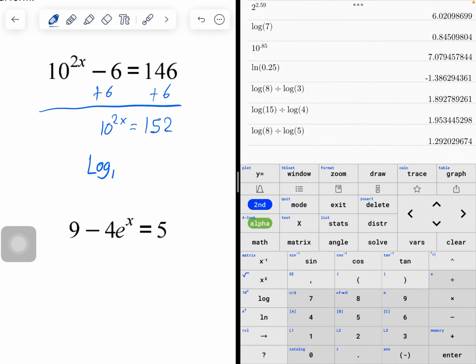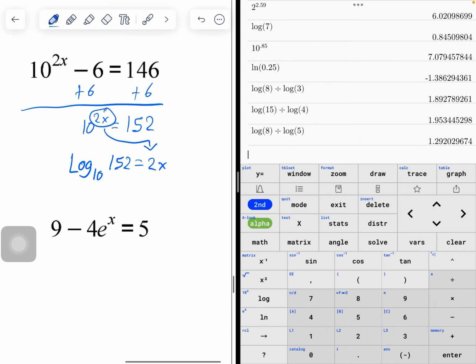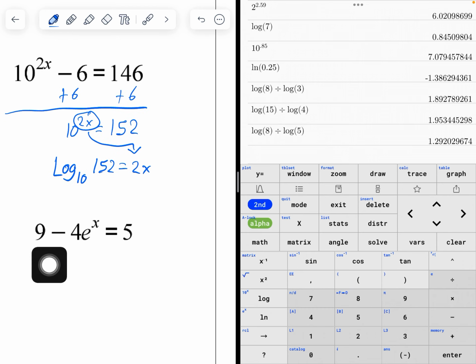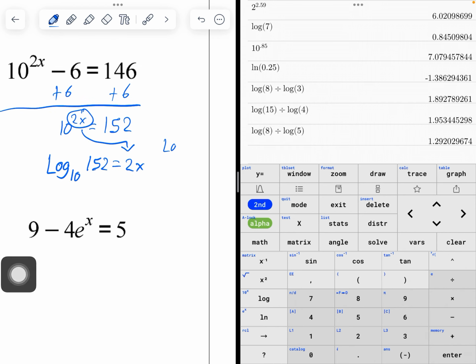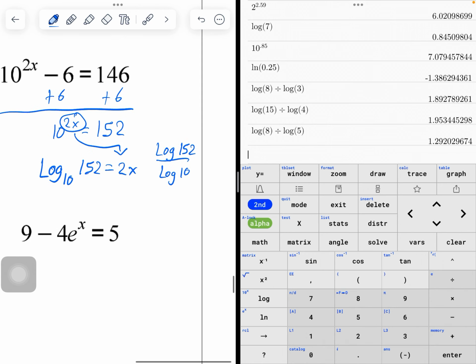So if we rewrite this as a log, it'd be log base 10 of 152 equals our exponent, 2x. And then whatever that decimal is that we get from this here, we're going to divide it by 2 to get x by itself. So type in log of 152 divided by the log of 10, and then whatever that is, we're going to divide it by 2.